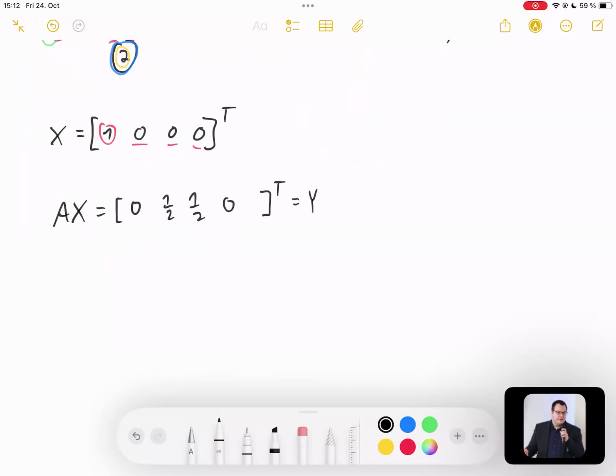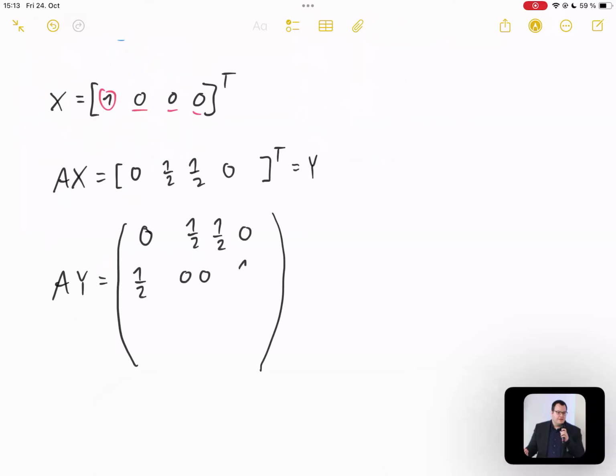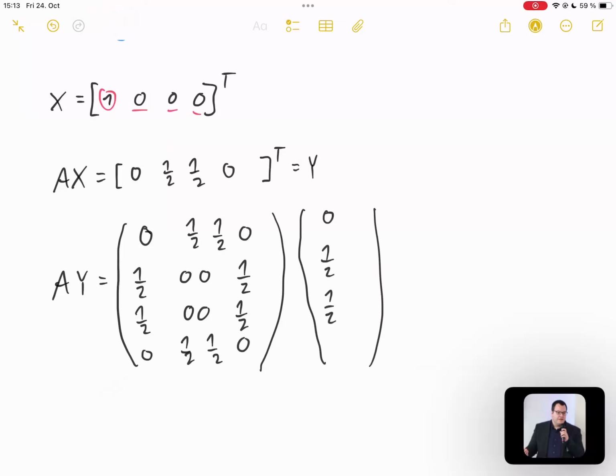And now we will multiply Y with A. And this one may look a bit more complex than it actually is. So I would quickly copy the matrix. We're all just on the same page because we will make an interesting observation. And Y we just got before, so it's 0, half, and 0.